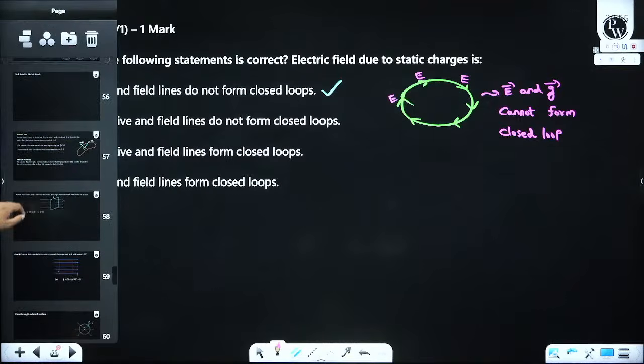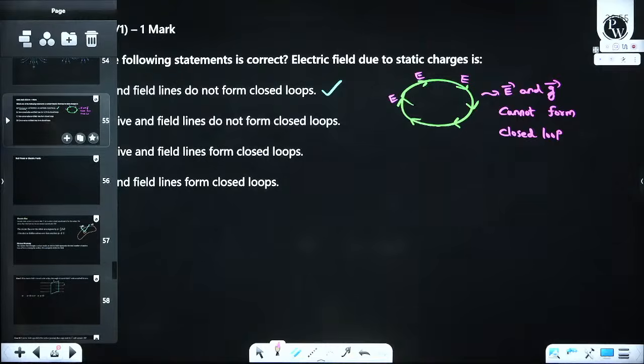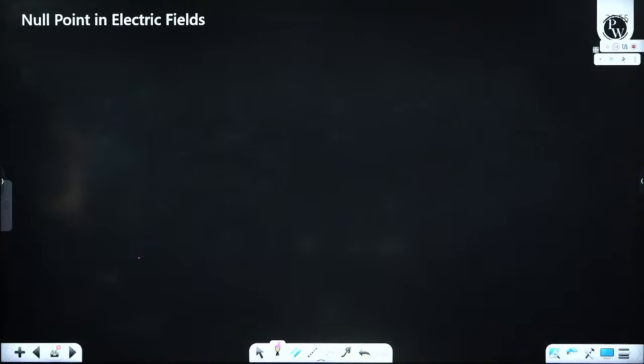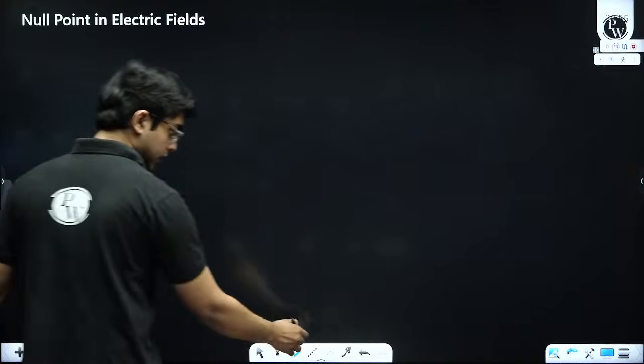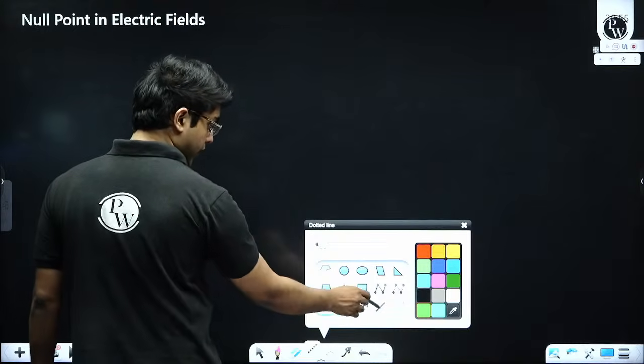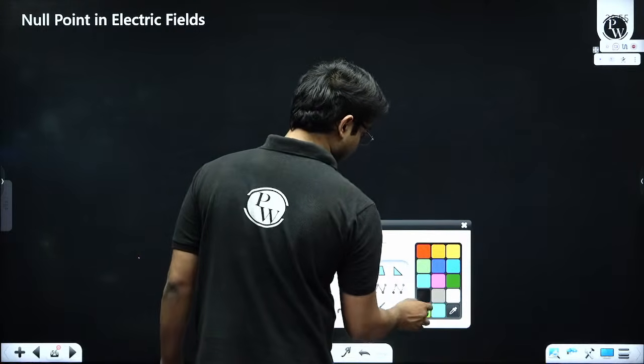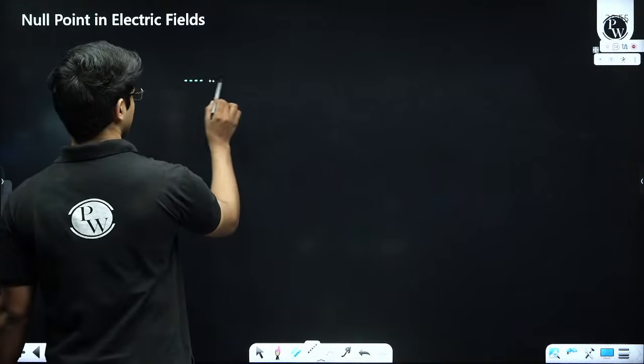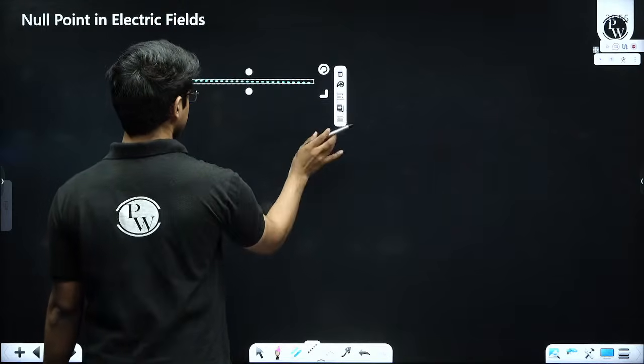Then, so now there is this concept of null point. Okay. So null point just means zero electric field. So I'll take an example to explain this.